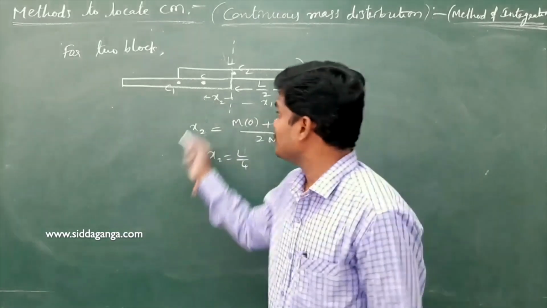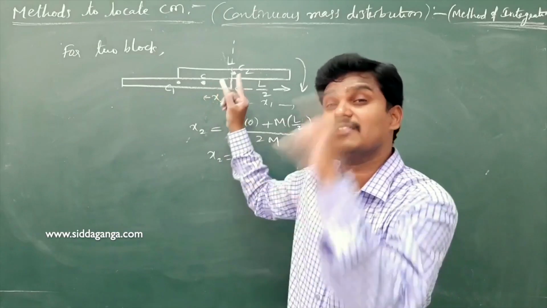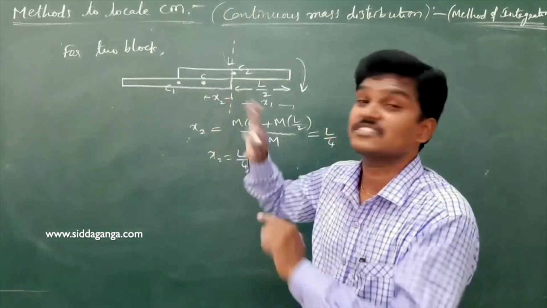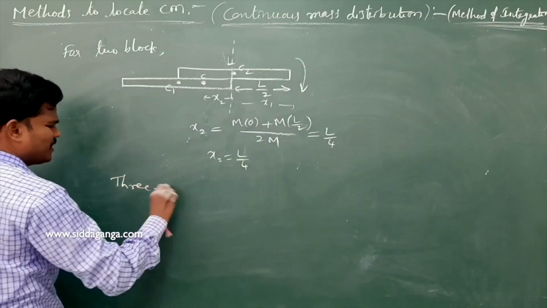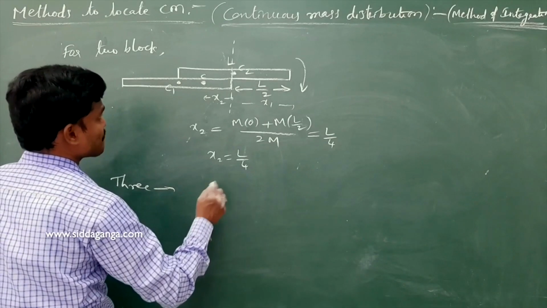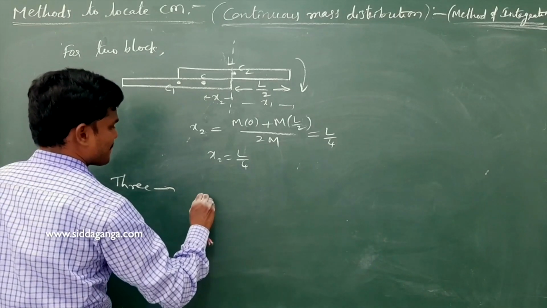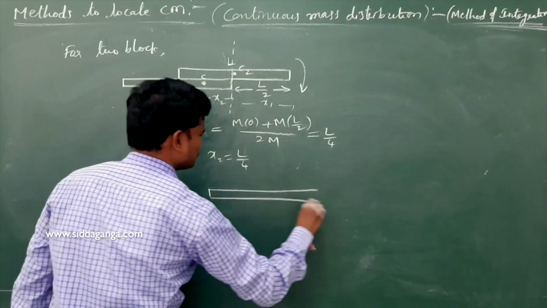So if you keep this center at the edge of the third block, then these 2 blocks do not fall. Means for a 3 block system, see, the 3 block system looks like this. From the top I am counting.